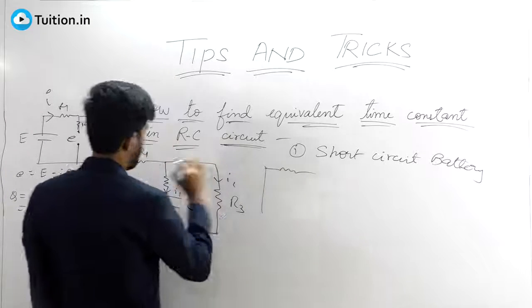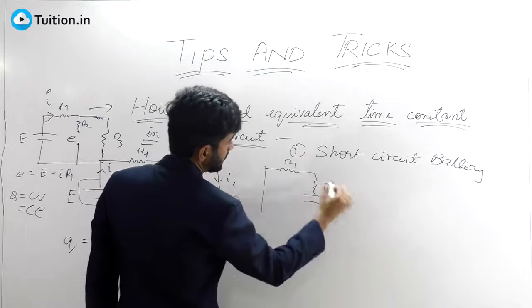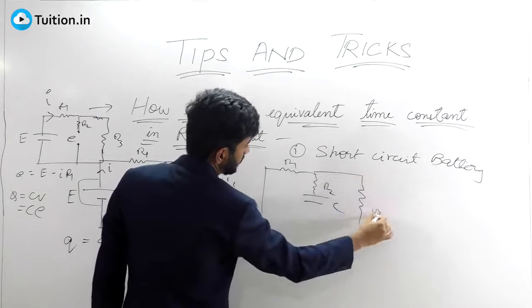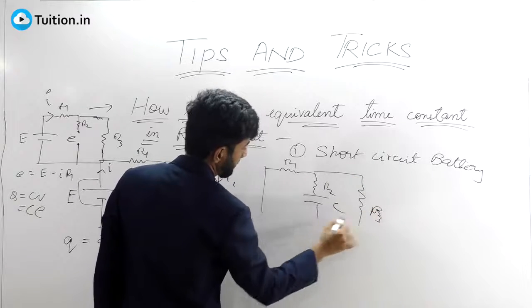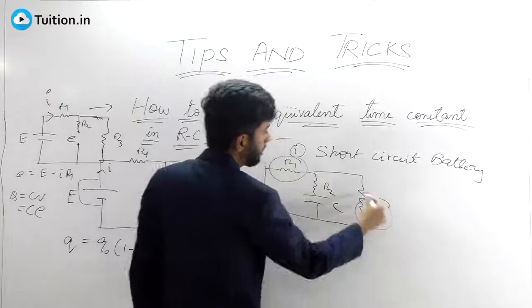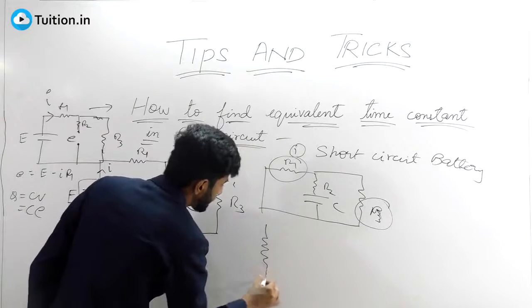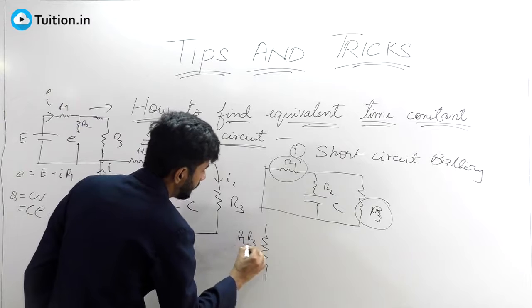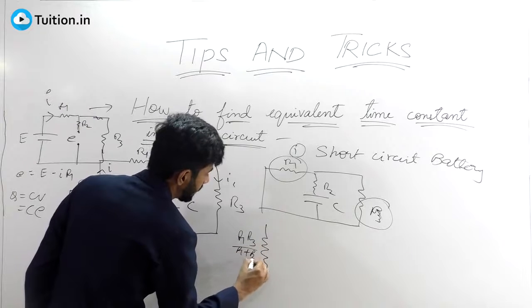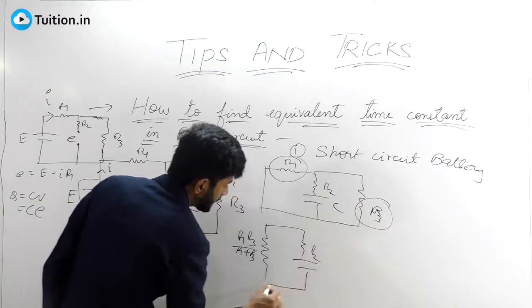This will be your R1, this will be your R2, this will be your C, and you'll have an R3. As you can see, R1 and R3 are connected in parallel, so their net resistance will be R1 R3 divided by R1 plus R3, and then you have an R2 here and a capacitance here.